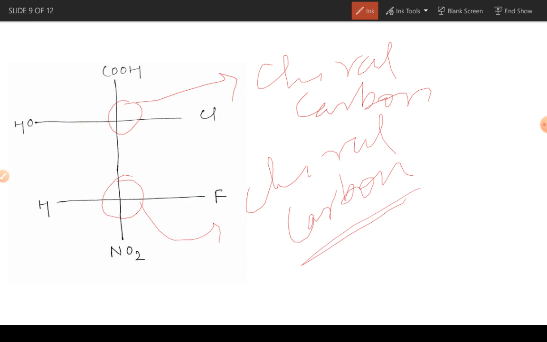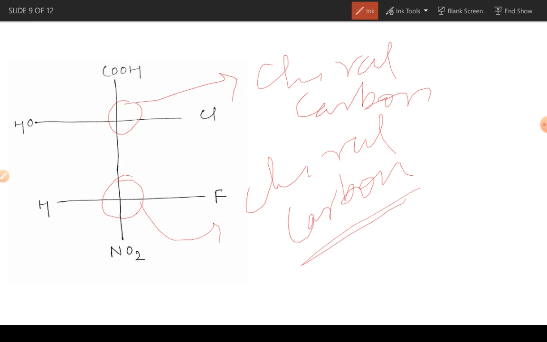You have to mention it in the comment box. If you face any difficulty in finding the configuration of these two carbons, you can write to me in the comment box. I will tell you the concept behind it again, and I will solve this also for you. Personally, I will solve this for you and send the solution.